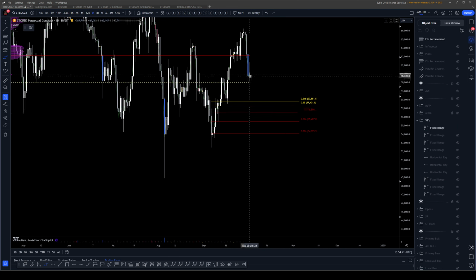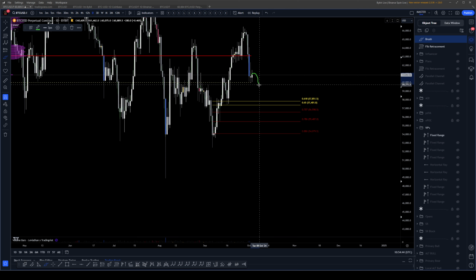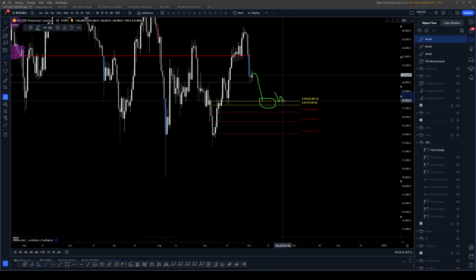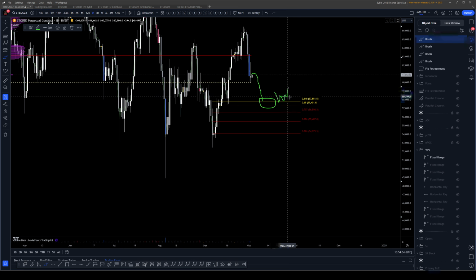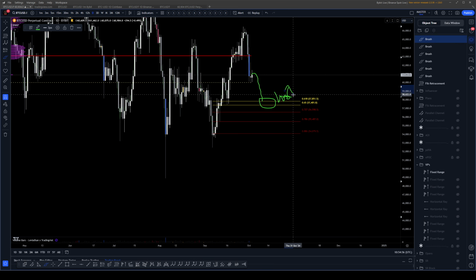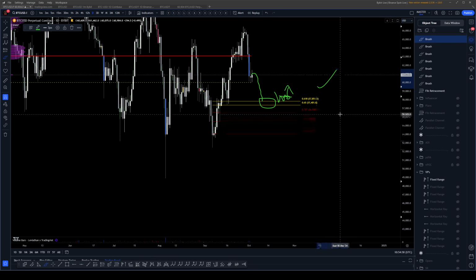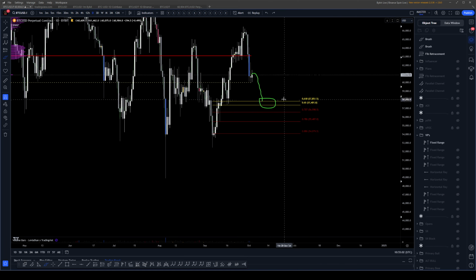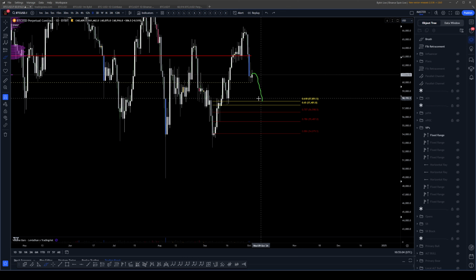I don't know if it's going to, but if we do roll over and come into this golden pocket zone, then the question is, do you get an entry model for a long, a really good reaction, maybe some sort of market structure break? Does it give us a trigger for a long? Well, if it does, there's a long trade. If it doesn't give us a trigger for a long, then I'll sit back and I'll wait patiently. Because if this region doesn't hold, then that's not going to look great for the bulls.